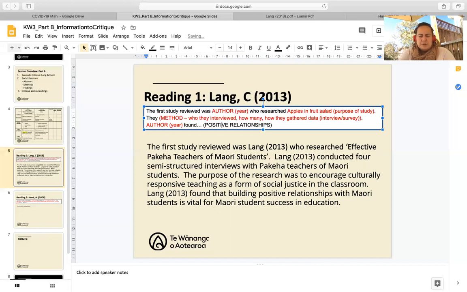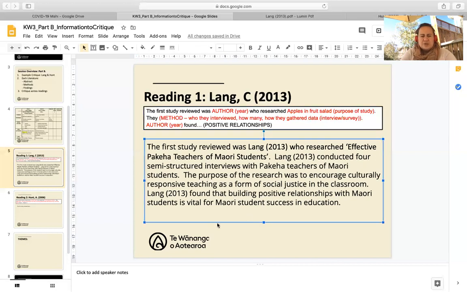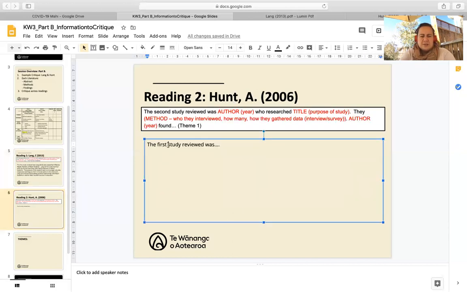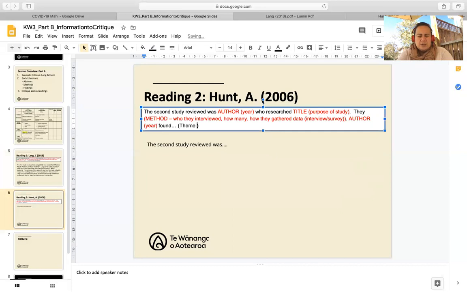Positive relationships is beginning to look like what theme 1 is. Let's try that again with Hunt. Because we already know that we're looking for positive relationships, the first theme is actually positive relationships.